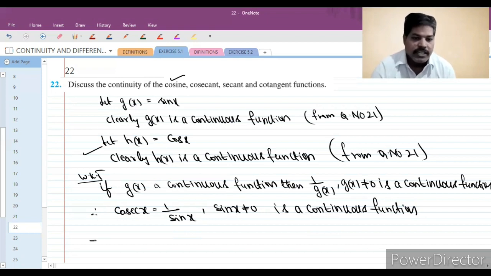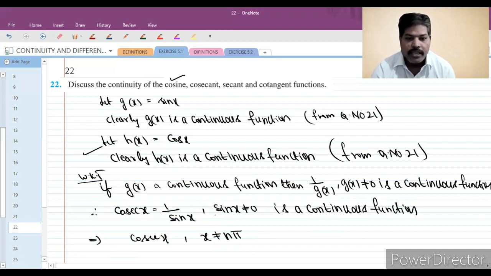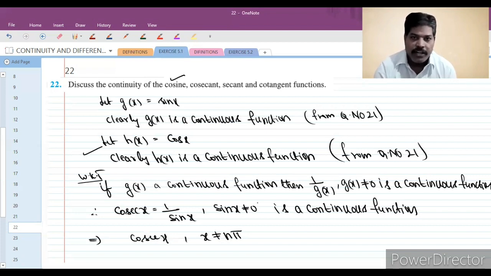That implies we can write cosecant x, comma, x not equal to n pi. Sin x value is 0 if x is a multiple of pi, meaning sin 0, sin 180, sin 360, all these values are 0.